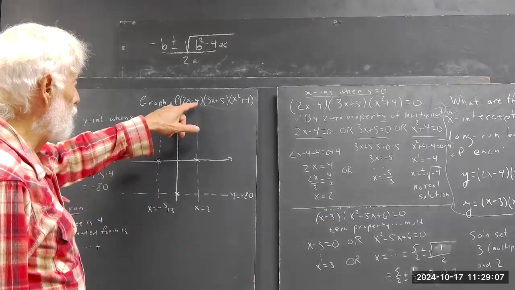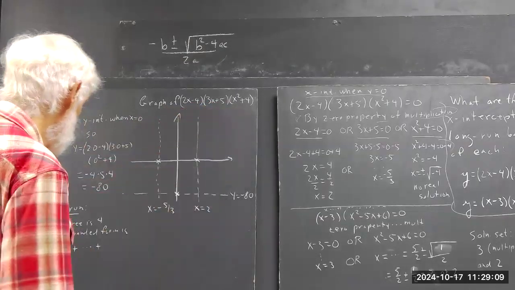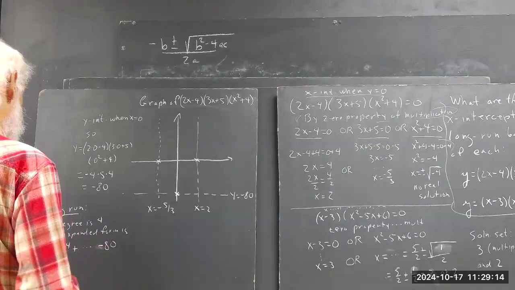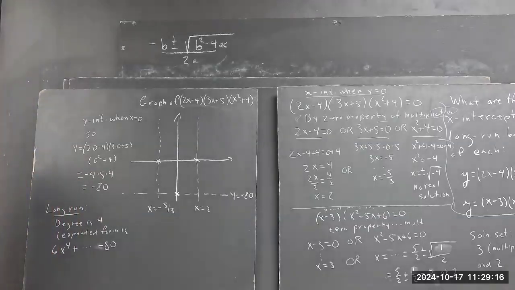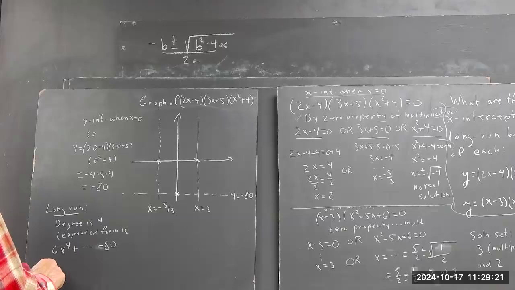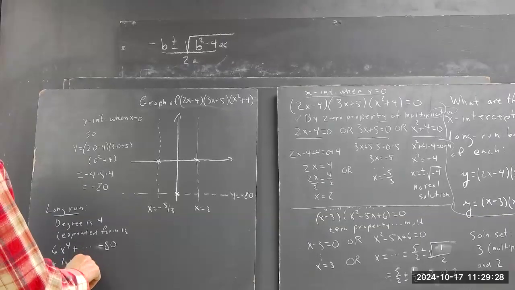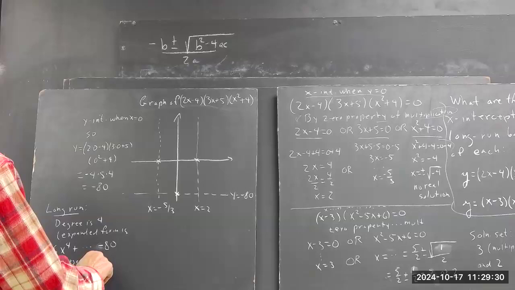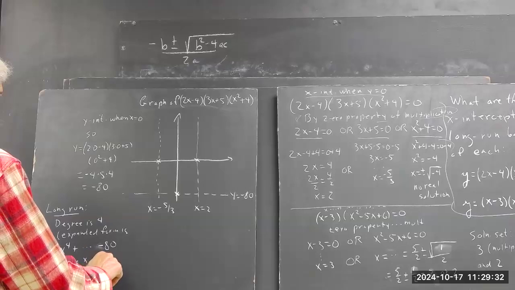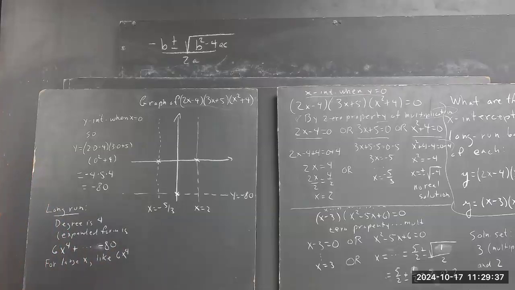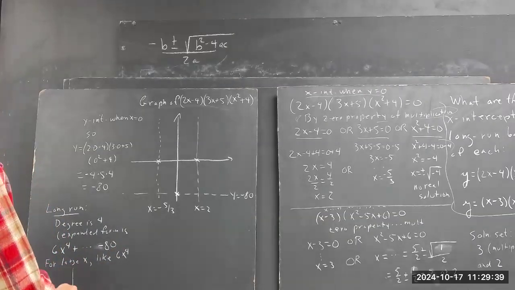And at the end, you got -4 times 5 times 4, which is -80. So it's like 6x to the 4th. What's x to the 4th?